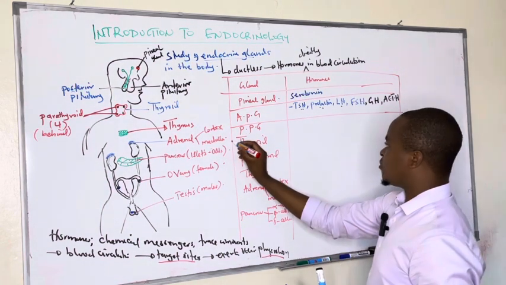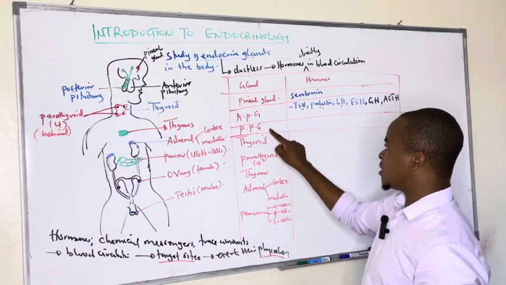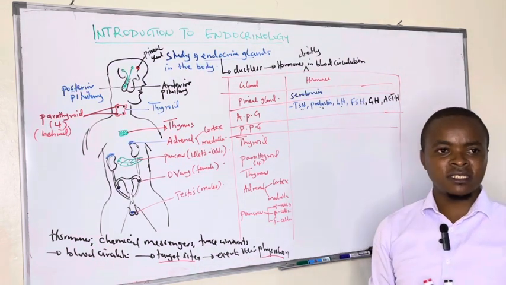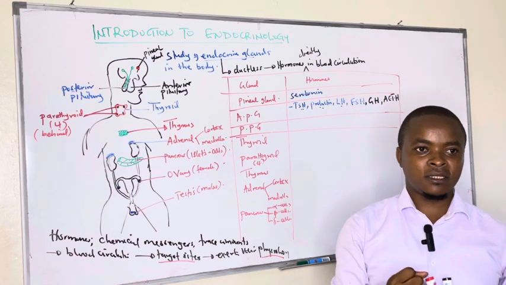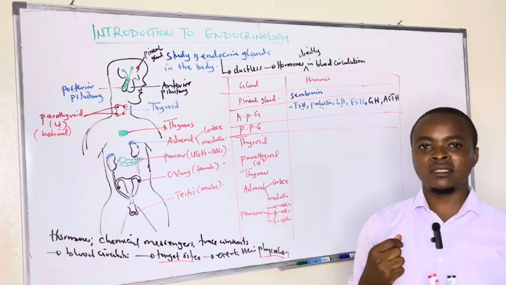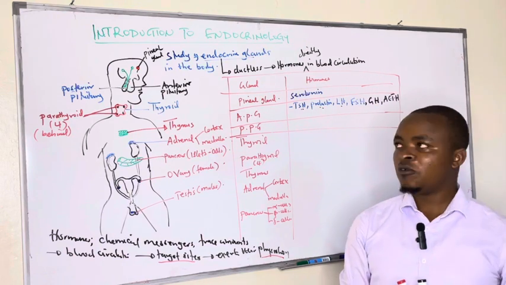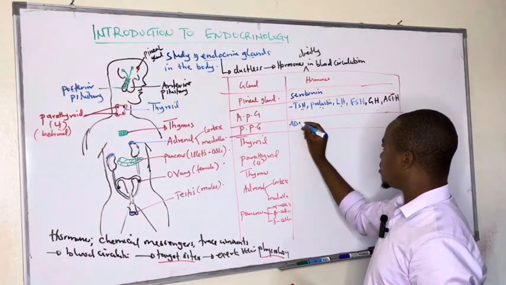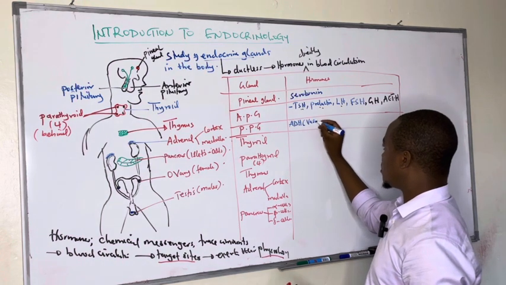Then after that, we have to look at the hormones produced by the posterior pituitary gland. The posterior pituitary gland does not synthesize hormones; it only stores them. These hormones are manufactured by the hypothalamus. We have ADH, antidiuretic hormone, also known as vasopressin.